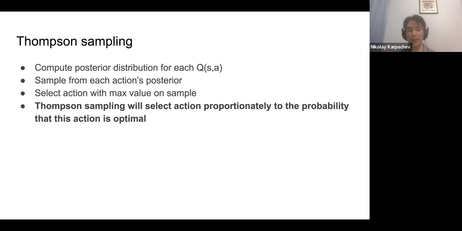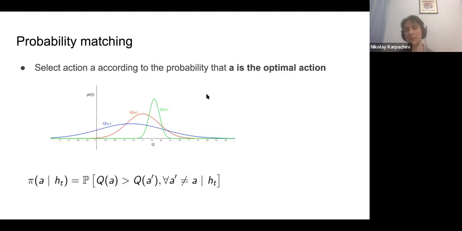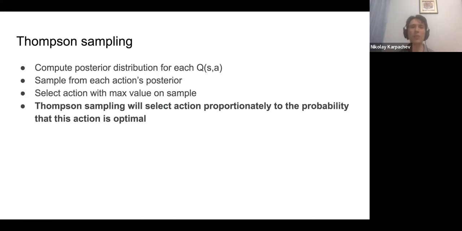And it will actually select actions proportionately to the probability that this action is optimal. So we can't estimate these probabilities in an analytical way, in a theoretical way, but we can use Monte Carlo sampling for this purpose. So that's called Thompson sampling.